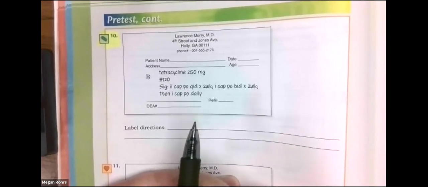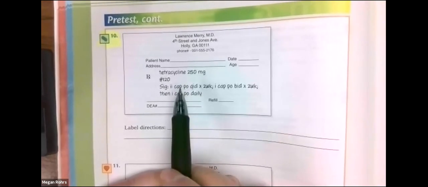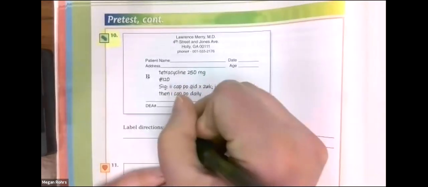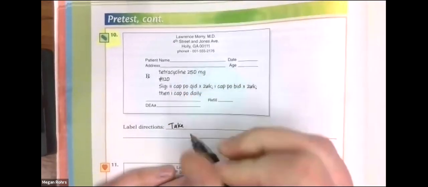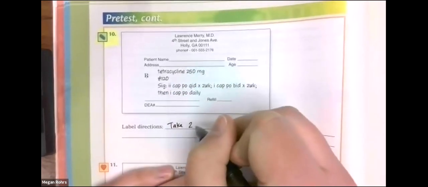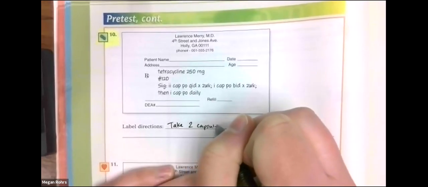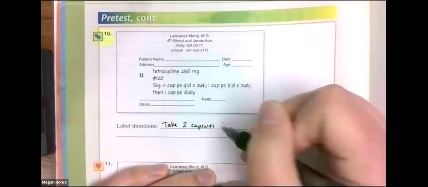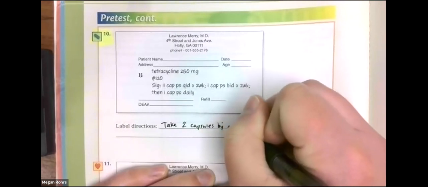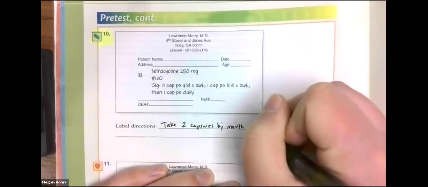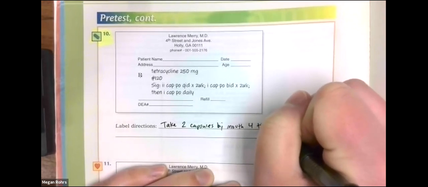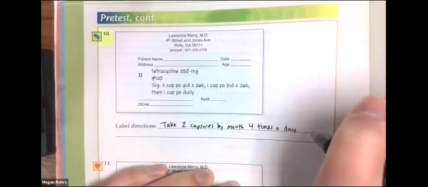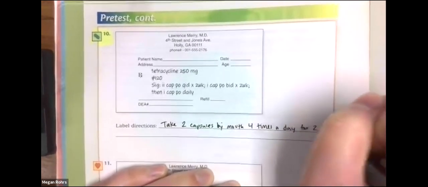So once again, always start with a verb. We have capsules here, so we're going to start with take. So take 2 capsules by mouth 4 times a day for 2 weeks.